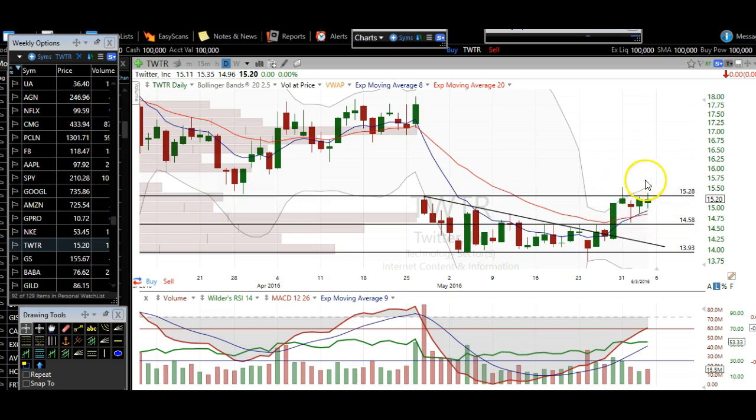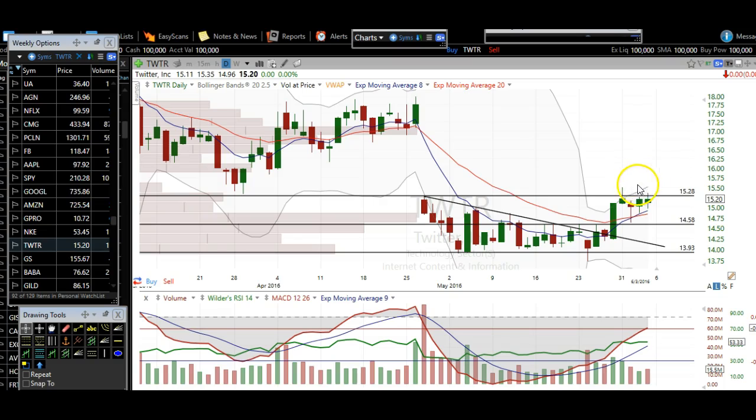So it looks to me like this is a bull flag. We're consolidating sideways. We're not getting any big reversal candles. We're not getting any follow through to the downside. We're just kind of hanging around just below this resistance. So it looks to me like this is going to break to the upside.